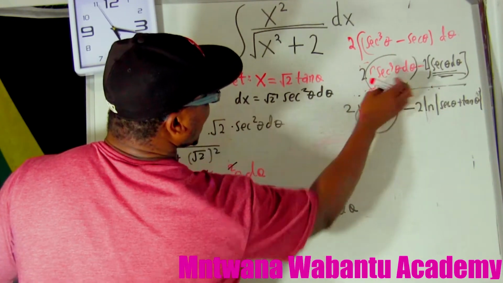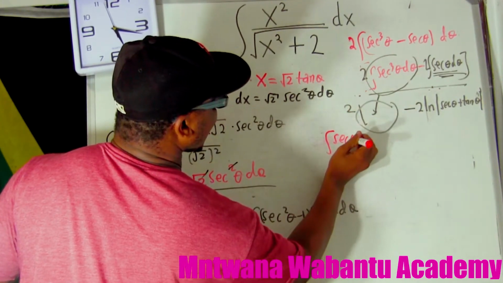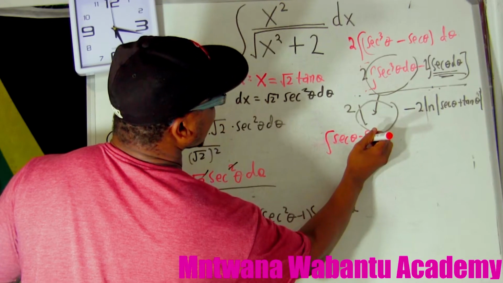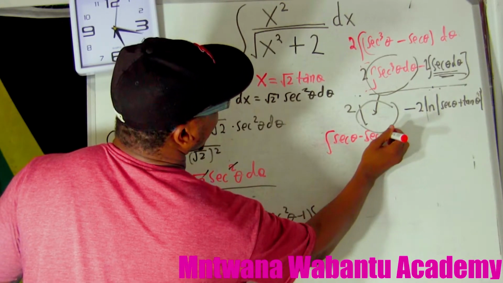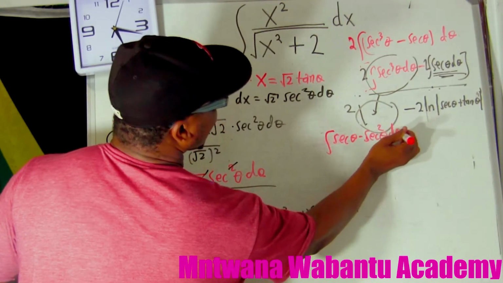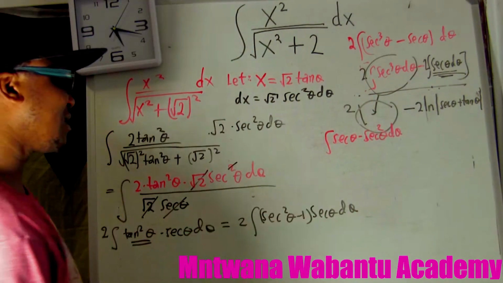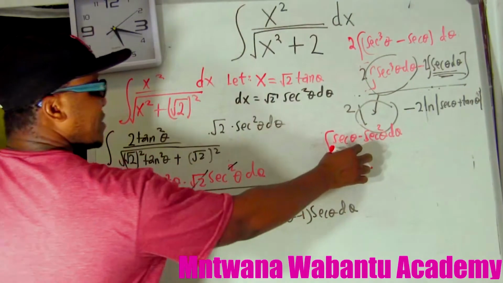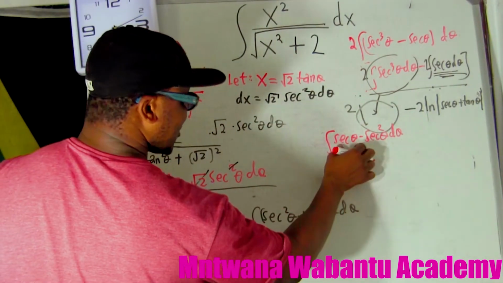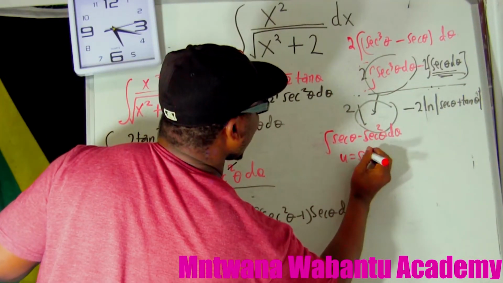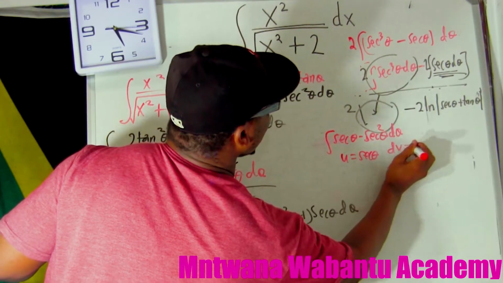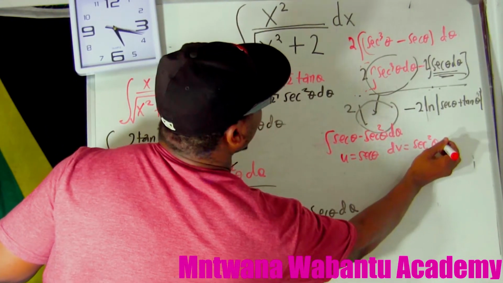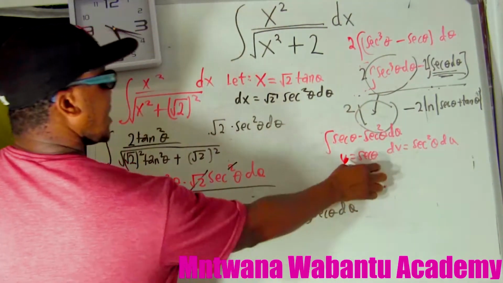When you say integral of sec cube, let me say integral of sec theta and then sec square theta d theta. So you can just integrate this by parts. This is going to be u, so u equals sec theta, and then dv equals sec square theta d theta.